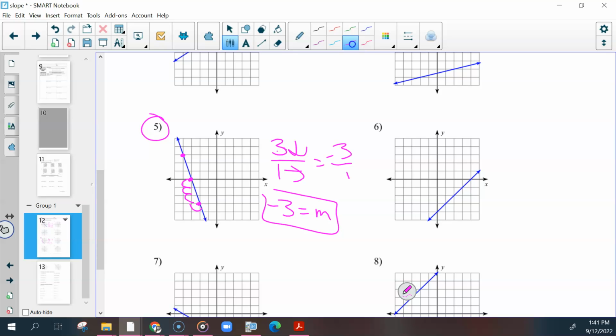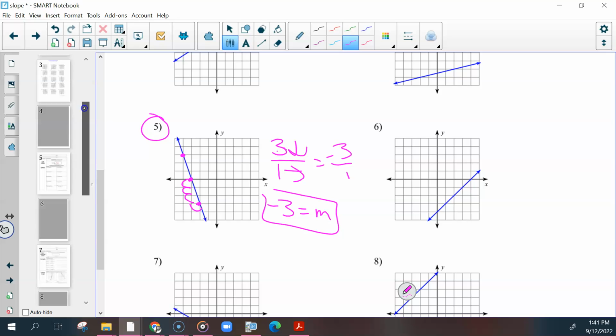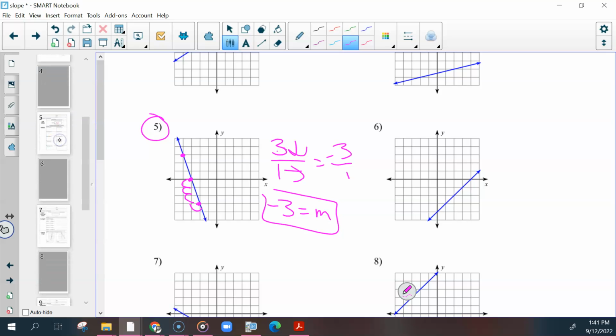Did we have any other graphing questions we want to go over? If not, let's go back to this page.